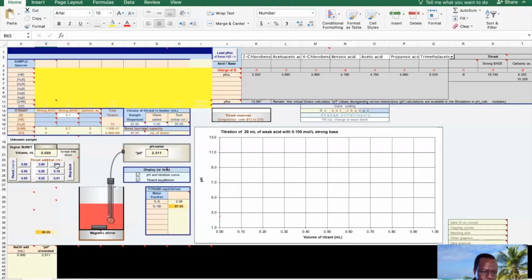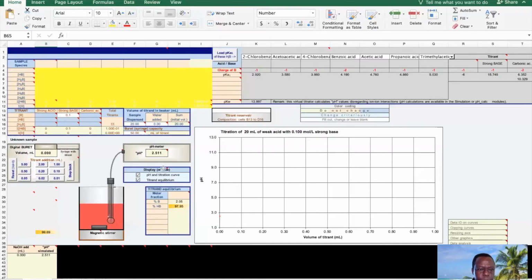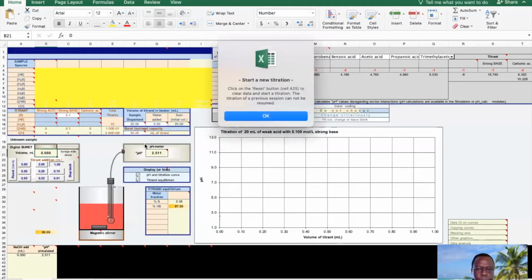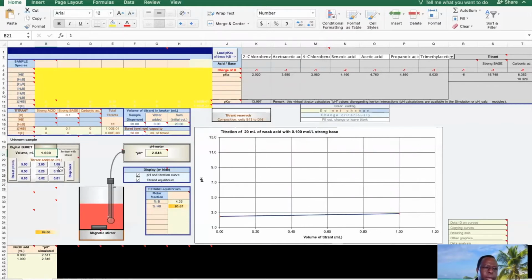So let's add 1 ml. Let me reset and see. Yeah, you see when I add 1 ml, there is a volume increment here and the pH increases.